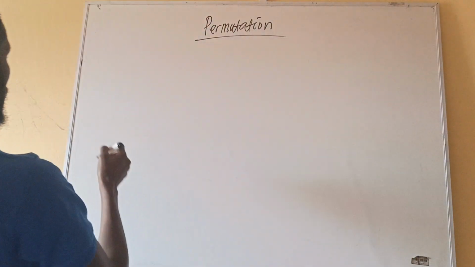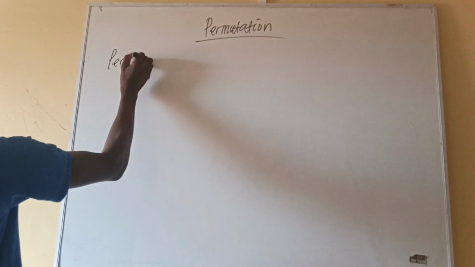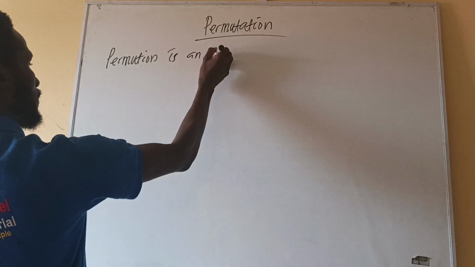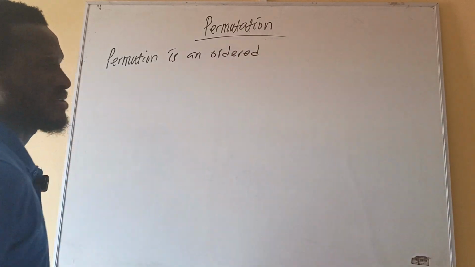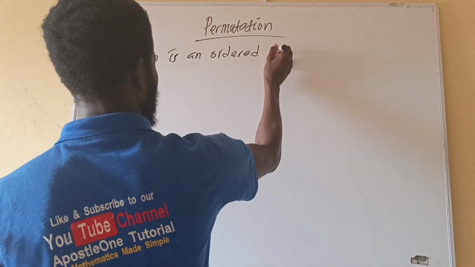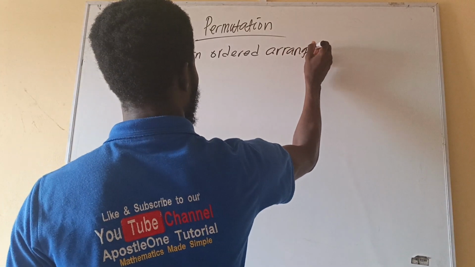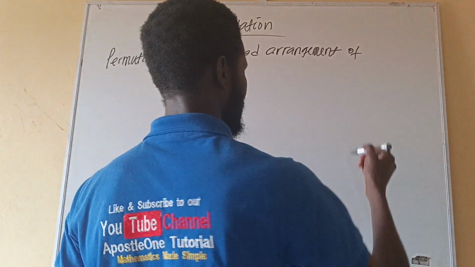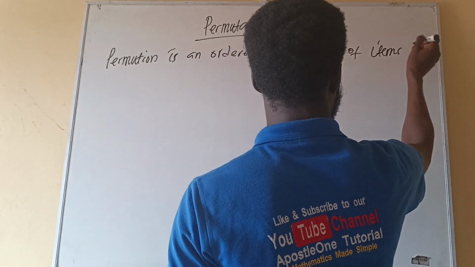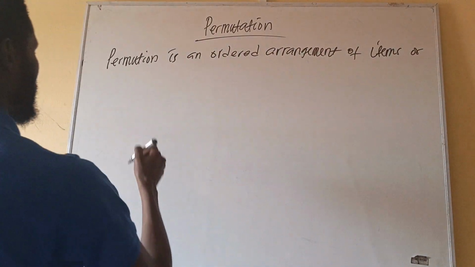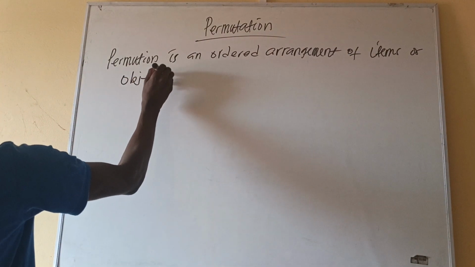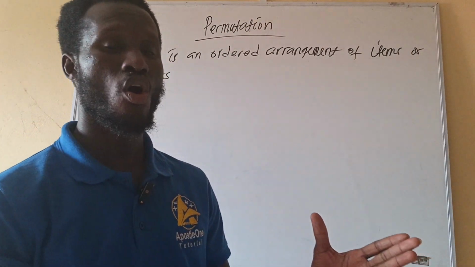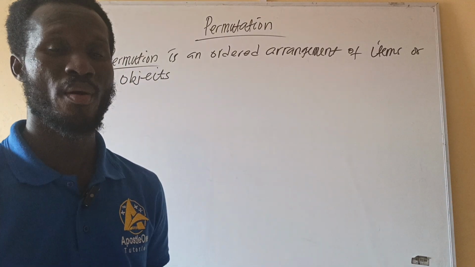Permutation is an ordered arrangement of items or objects. When we are arranging items or objects in order, that is when we call it permutation.